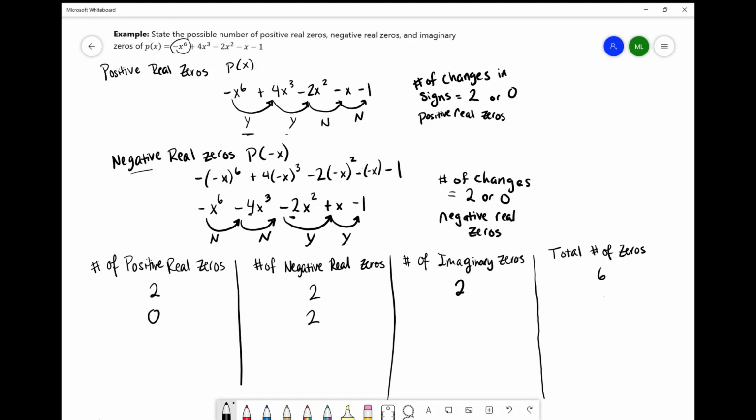Again, you want your total to equal 6. So 6 minus 2, how many more zeros do you need to make up for that? You need to have 4 imaginary zeros. So basically the positive real zeros, the negative real zeros and the imaginaries all make up for how many zeros you have to have at the end, which is a total of 6.